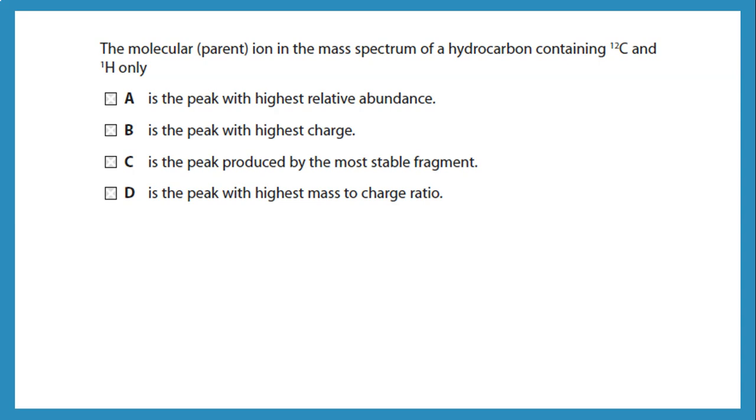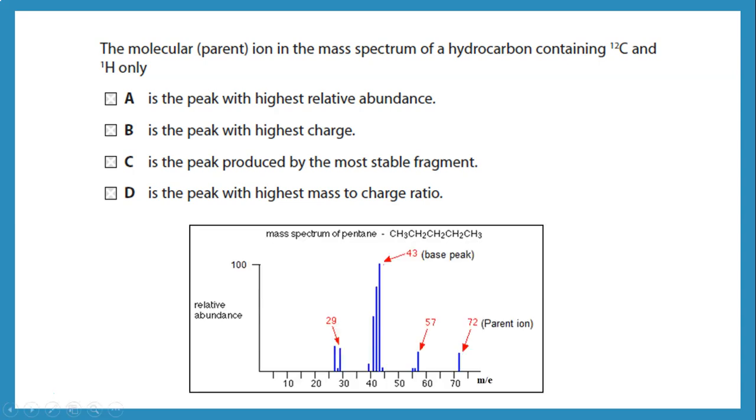Okay, another question says the molecular ion peak or the parent ion in the mass spectrum of a hydrocarbon containing carbon-12 and hydrogen only is which one? What do we mean by molecular ion peak or parent ion peak? So if we look at the mass spectrum of any hydrocarbon, for example, pentane, what is the parent ion peak?